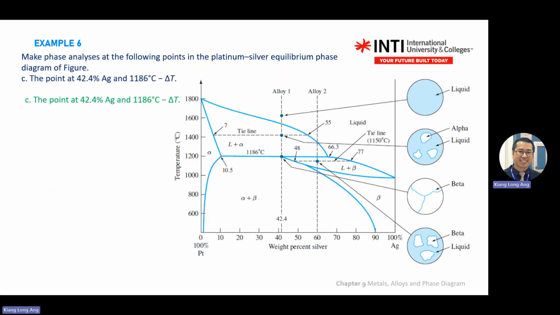Next one is temperature just below this line, still 42.4%, but the temperature is just below 1186. What do you have? Alpha beta solid.